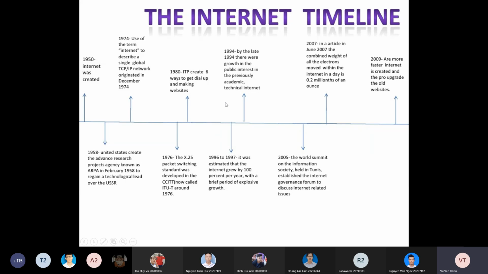And then I think in the 1990s, the internet became popular, and around 1995 it was connected to Vietnam. And now I think there are around 5 billion users in the world using internet service. Okay, that is the history of the internet.